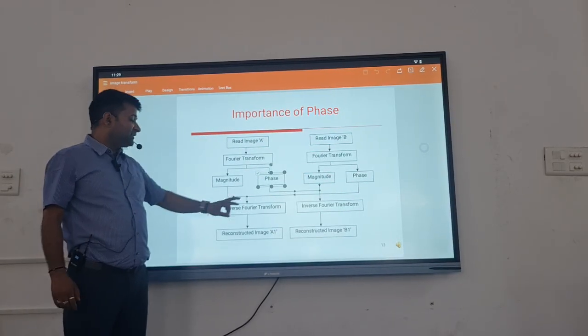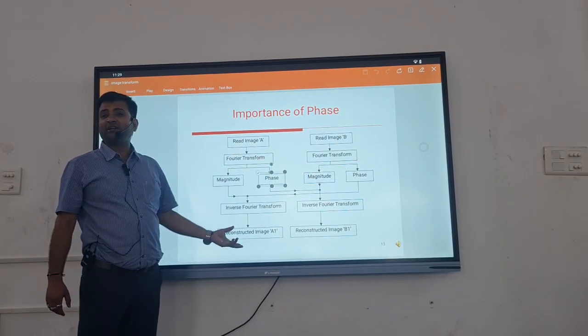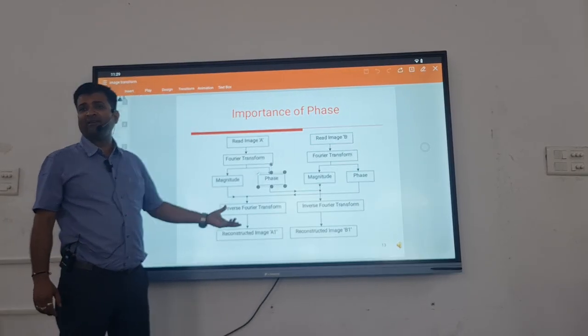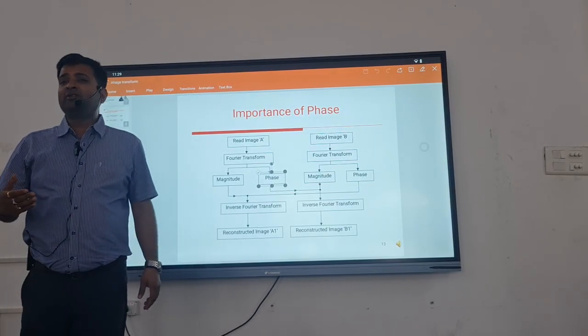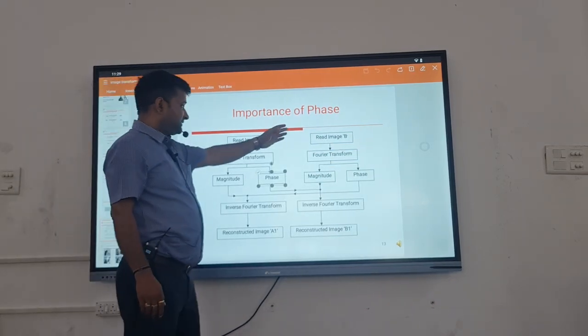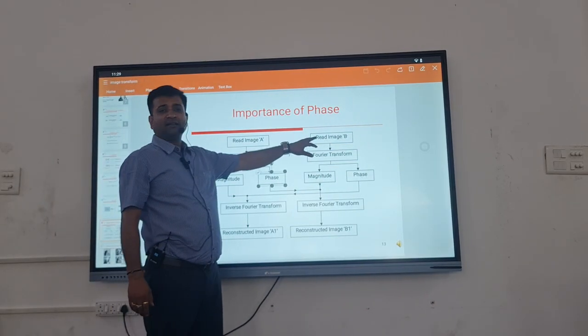Then you are taking the inverse Fourier transform and get back to the reconstructed image A1. This is the A image. You have new nomenclature as A1. Then same approach in the second image.